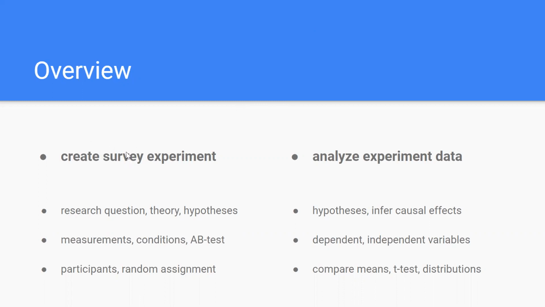We will create the survey experiment, and then we will also analyze some experiment data. For example, if you run an experiment, you have a control condition where you collect data, and a treatment condition where you collect some data. Then at the end, you want to compare means between these two conditions.